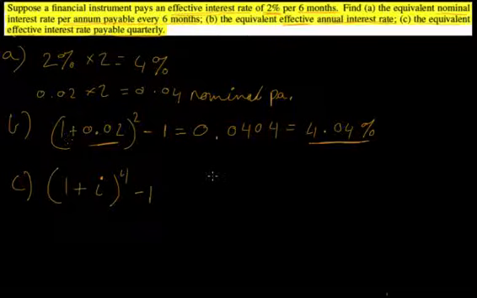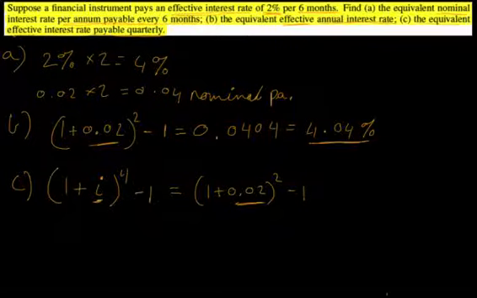And that something else is what we used in B. So it should equal 1 plus 0.02 squared minus 1. So these are both going to give the same answer, which is the annual effective rate. So this one is payable quarterly, and this is payable half yearly.